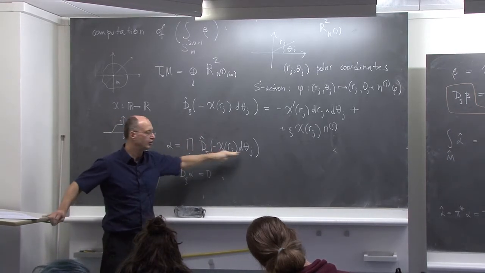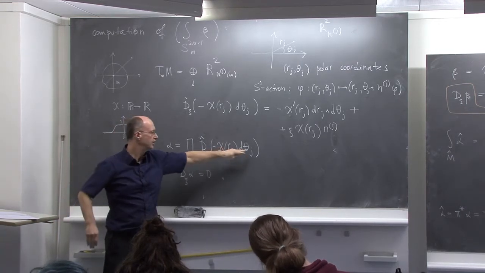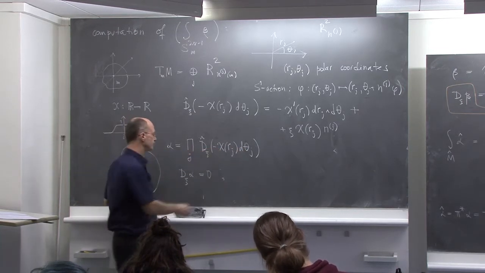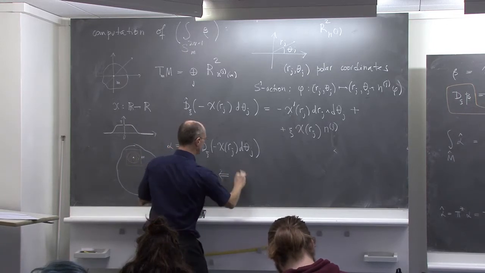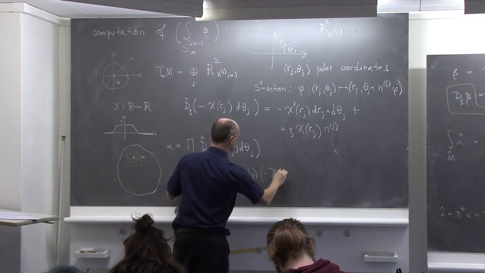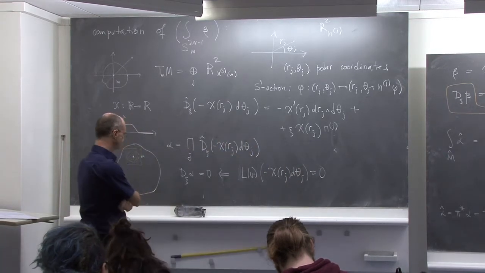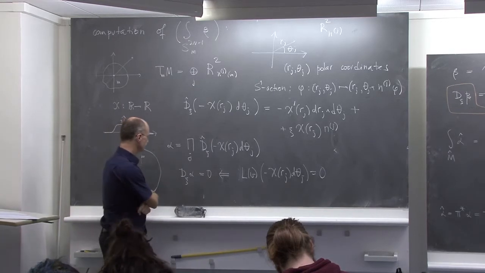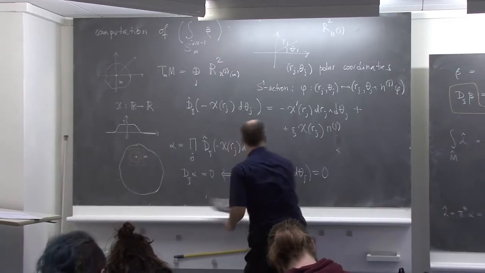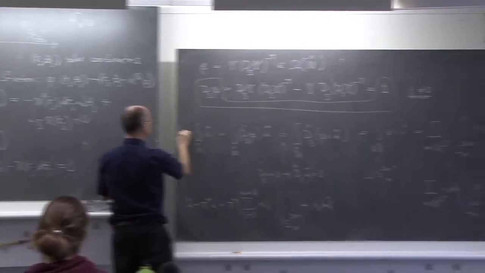These forms are all S1 invariant: functions of r_j are S1 invariant, and d theta_j is also an S1 invariant one form. So the Lie derivatives L_V of these forms vanish. Okay, very well. So this was also equal to the integral over m of alpha.